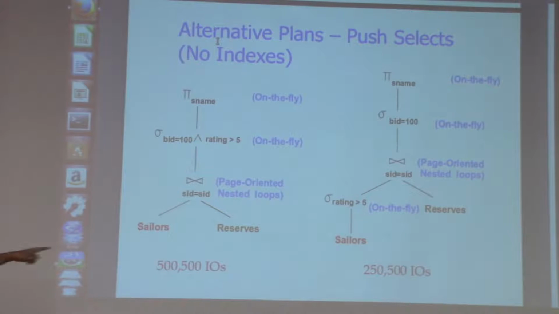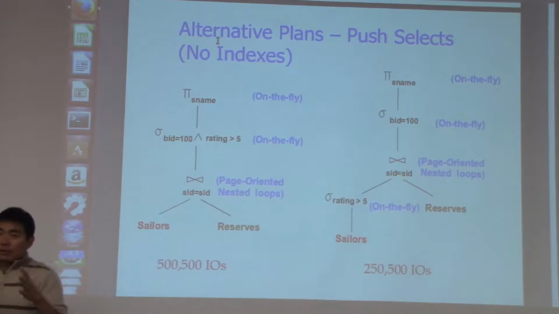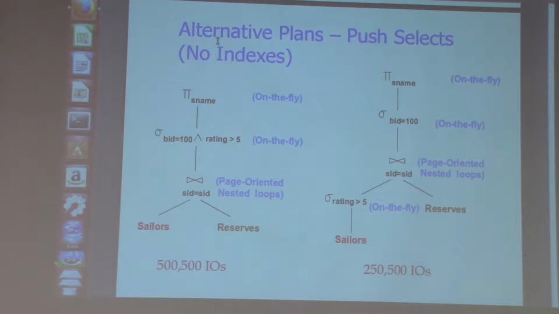By the way, I do this selection on the fly. I do not do the selection and then dump the output to the disk and load them back in. So what do I mean by do this on the fly? Well, you're doing page-oriented nested join, right?